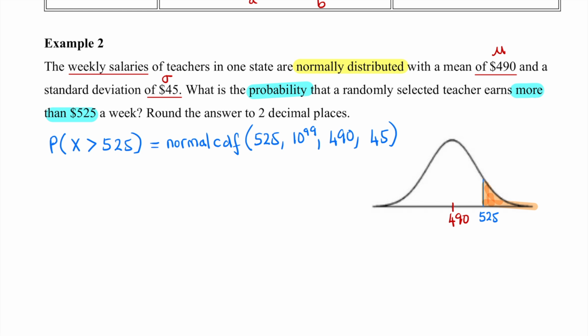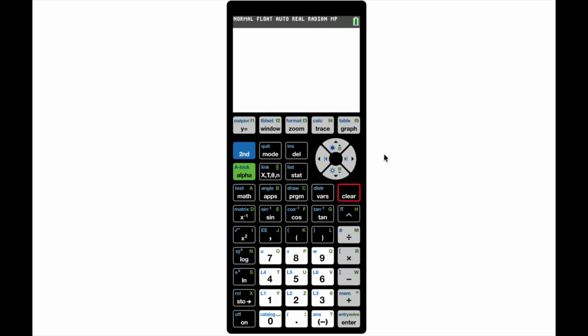Now, I am going to put this in the calculator. First, we need to open the distribution menu by pressing second vars. Scroll down to choose the second one, normalcdf, and press enter. My lower bound is 525.